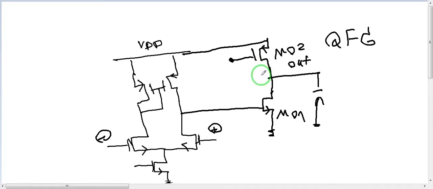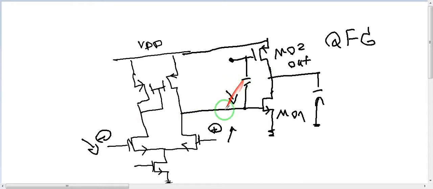So the idea is, instead of constant biasing or stable biasing, we use a capacitor between these two, and when this goes up, this goes down as a differential. So this one will be down.